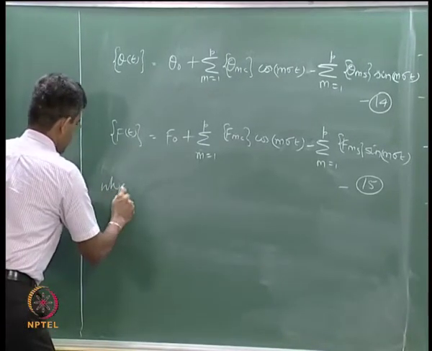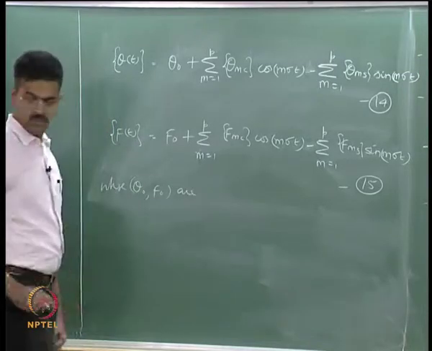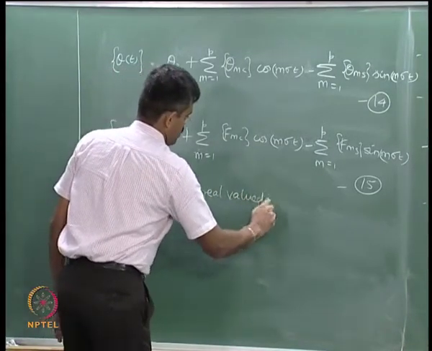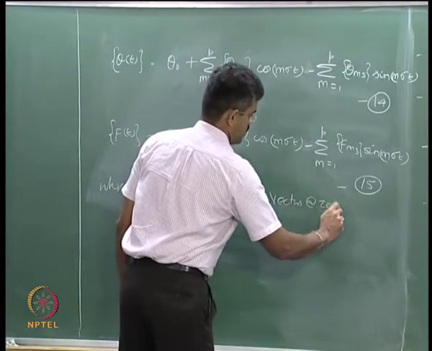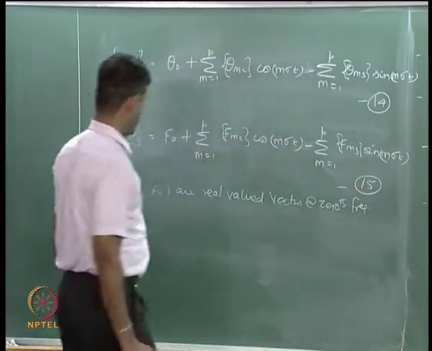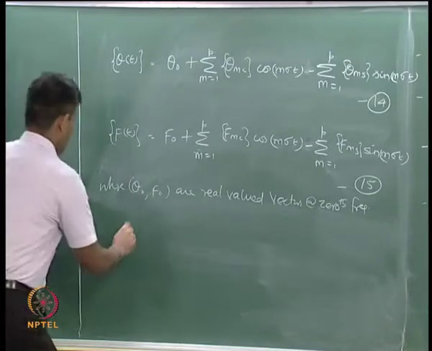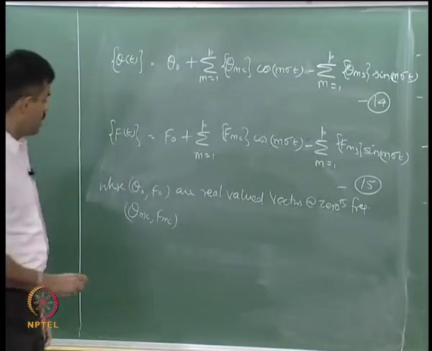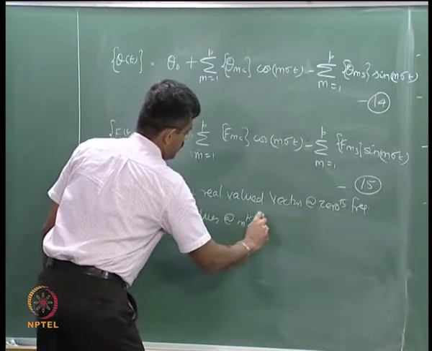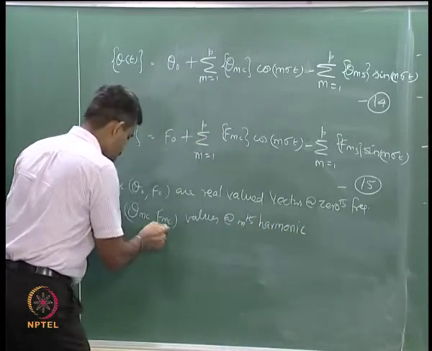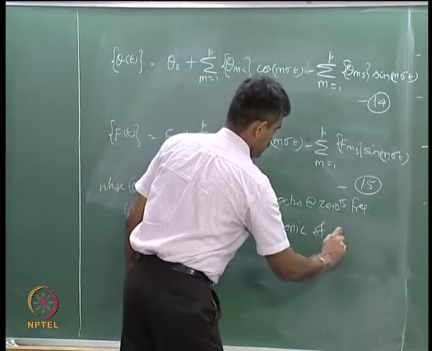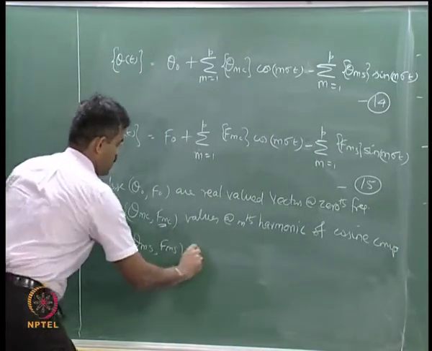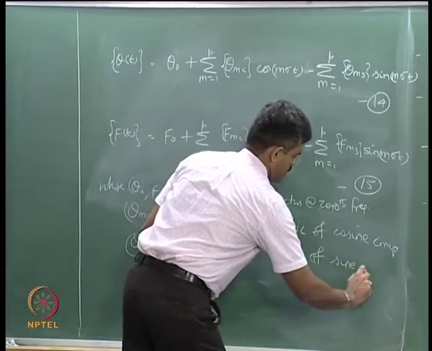So, now where theta 0 and f 0 are real valued vectors at 0th frequency, whereas theta mc and fmc are values at mth harmonic of the cosine component, whereas theta ms and fms are values of the sine component.